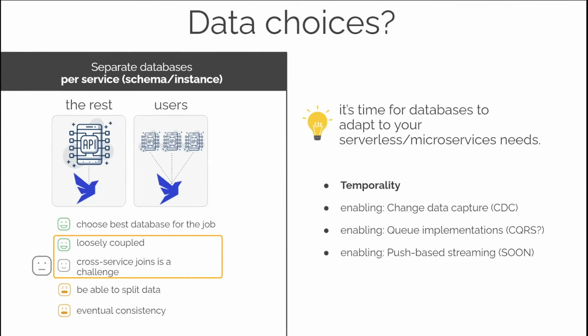And soon we even have push-based streaming, which would actually get real-time data into another system in a push-based fashion. So we could say that cross-service joins are a challenge, but we can get a lot of help from the database there as well. So let's put a neutral face there.